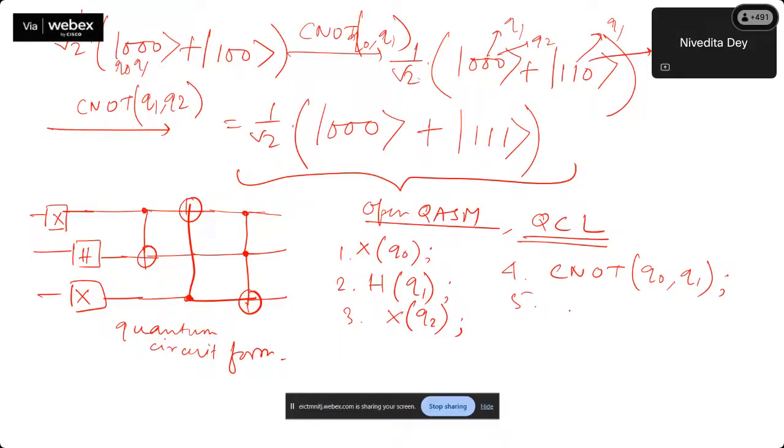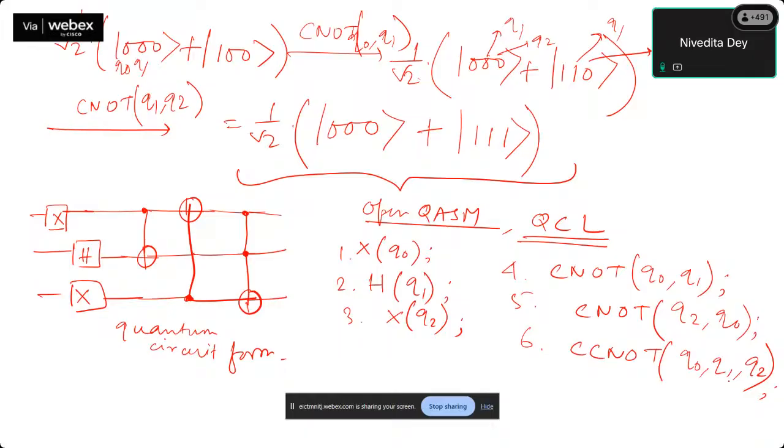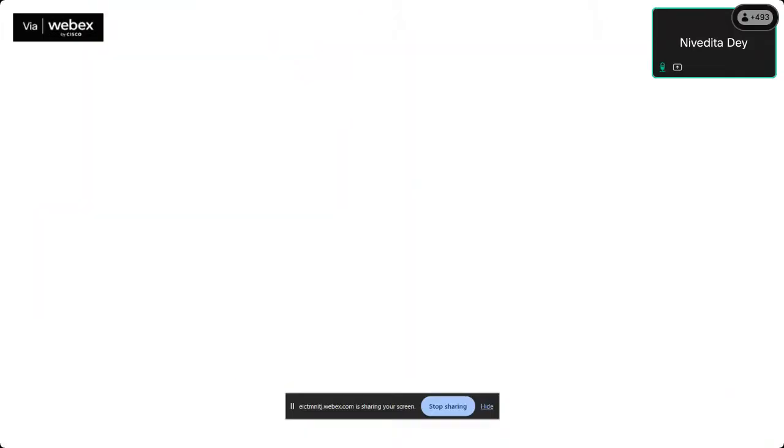Fifth is another C naught where Q2 is the control and Q0 is the target. Sixth is a C square naught, or CC naught, where Q0 and Q1 are the controls and Q2 is the target.